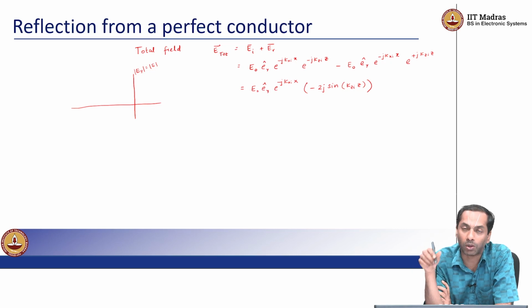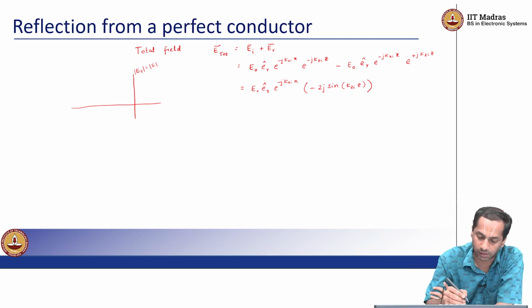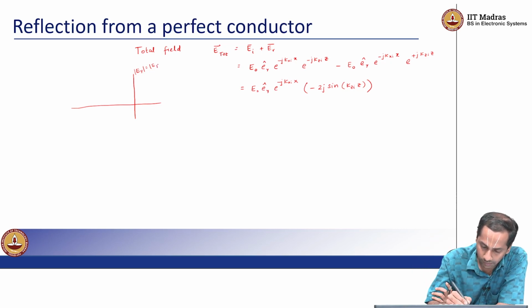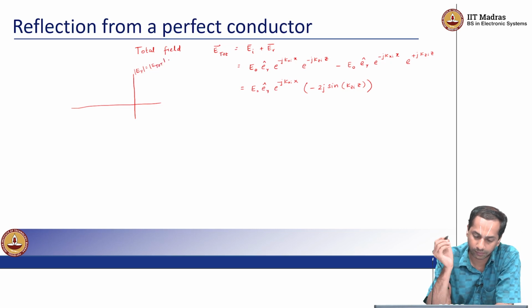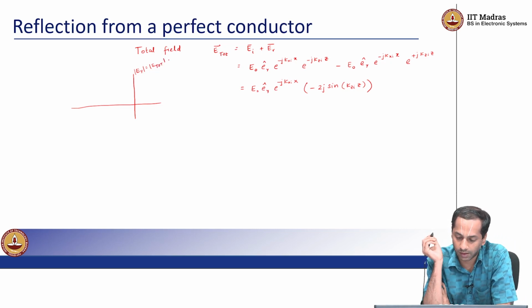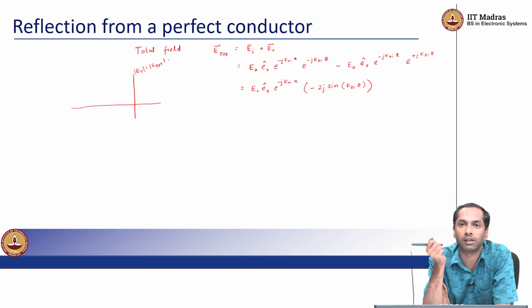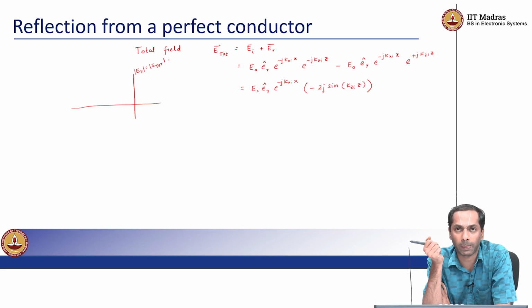So if I were to take the modulus of E total, right, so this is E total, I notice that for z equals 0, the field is 0, right. This makes perfect sense, right. We just said that the boundary condition is that E tangential is 0, right.